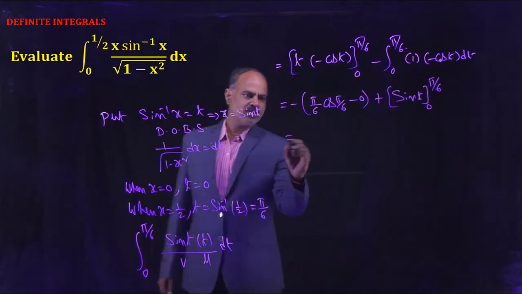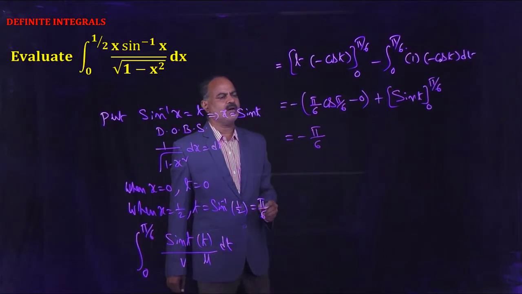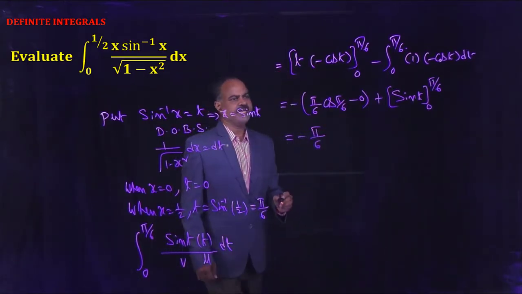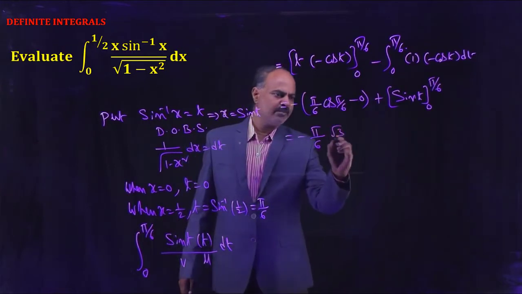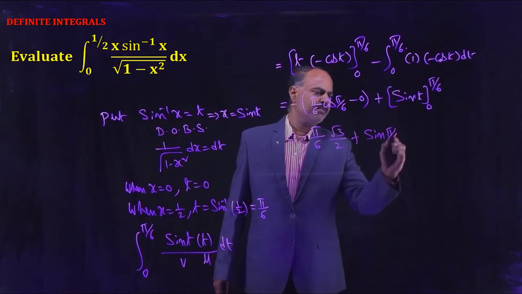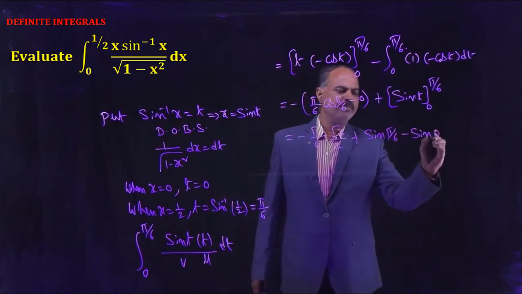Now this is equal to minus of pi by 6 into cos pi by 6, that is cos 30 degrees, which is root 3 by 2, plus sin pi by 6, substituting upper limit in place of t minus lower limit in place of t.